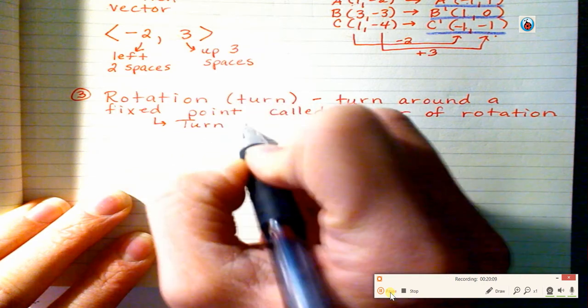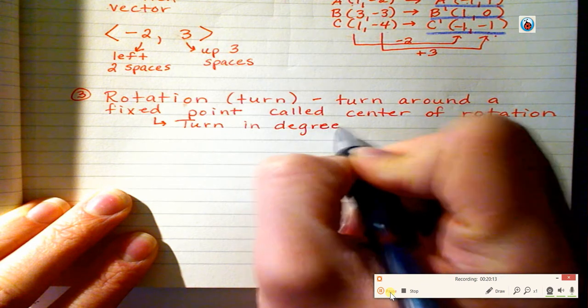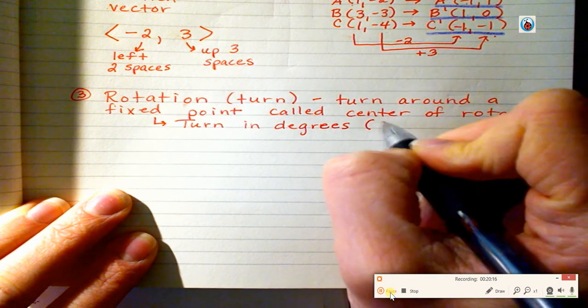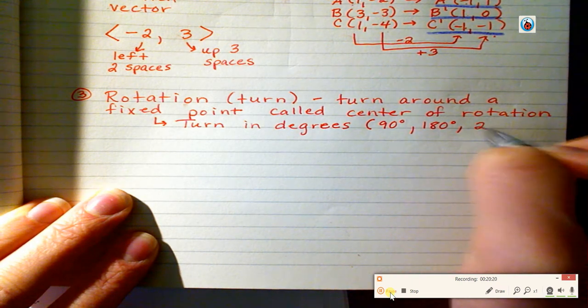You will turn in degrees. And right now we are only going to focus on 90 degrees, 180 degrees, or 270 degrees.